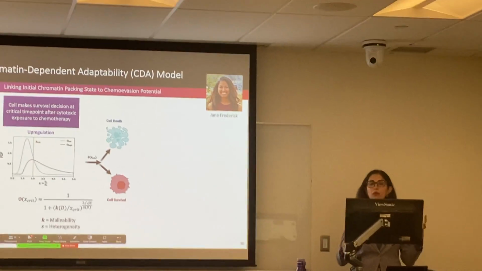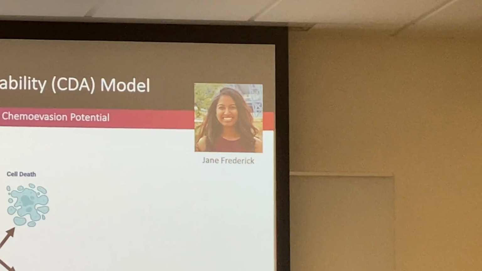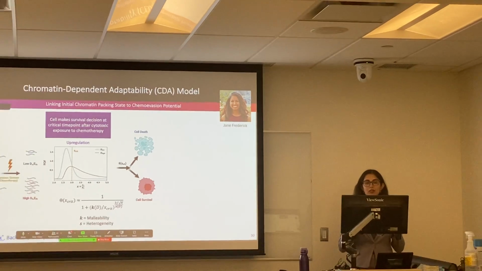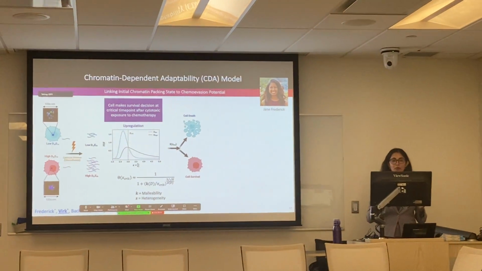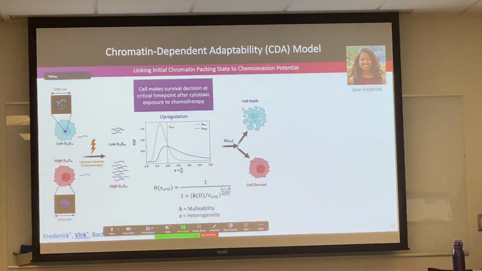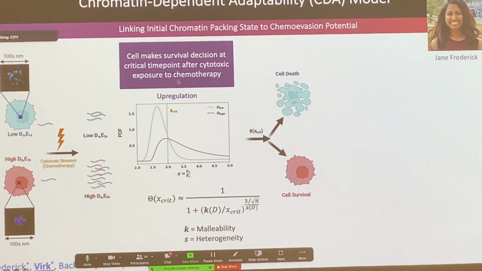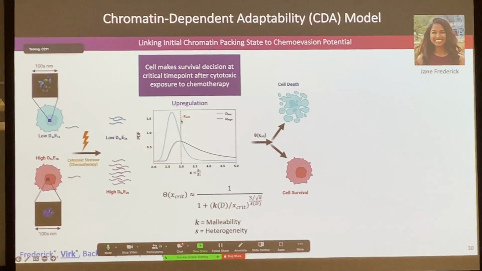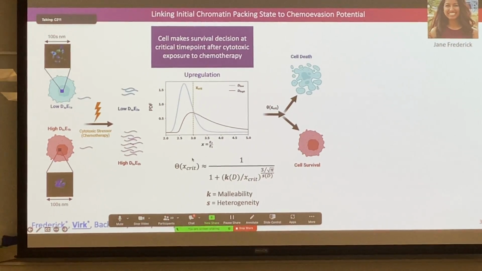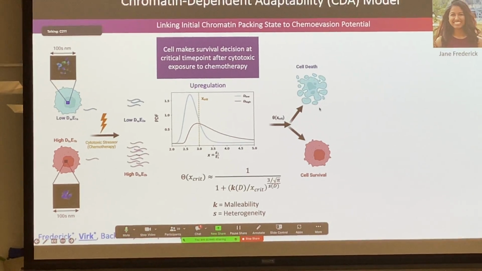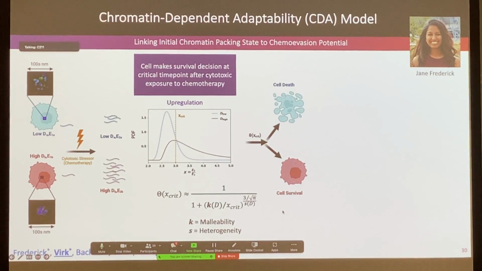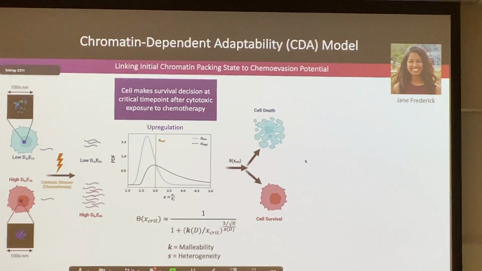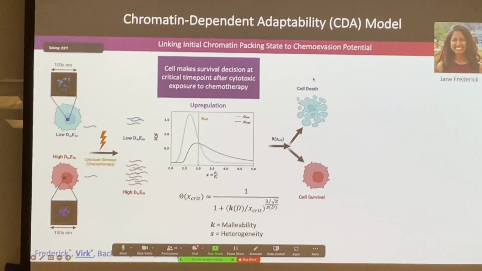Basically, what we're considering is that a cell makes a survival decision at a critical time point after cytotoxic exposure to chemotherapy. At this critical time point, if certain genes that are critical for cell survival are upregulated beyond a certain threshold, then the cell is much more likely to survive and evade chemotherapy rather than succumb to cell death pathways.